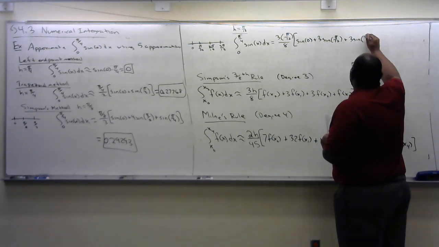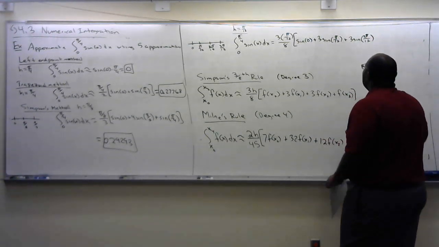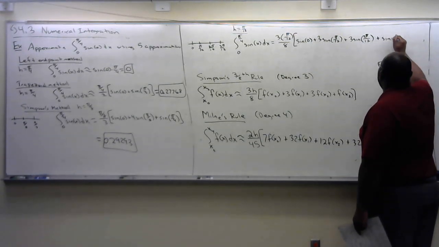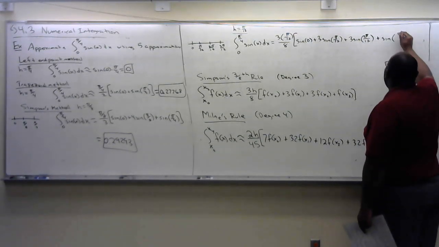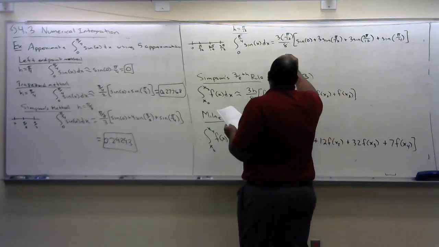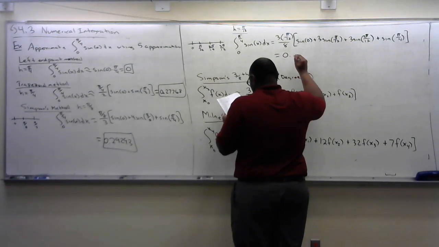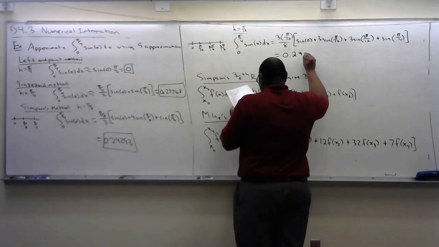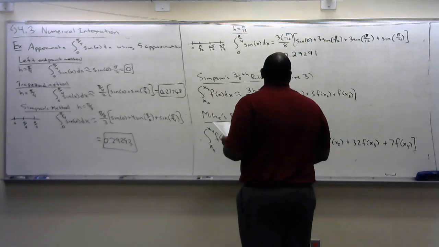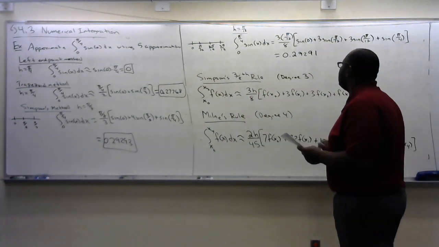I'll just do 2 pi over 12 to be consistent. And then the last one is plus sine of pi over 4, just so we know that we finish. So when I evaluate this one, I get 0.29291. That's what I have there.